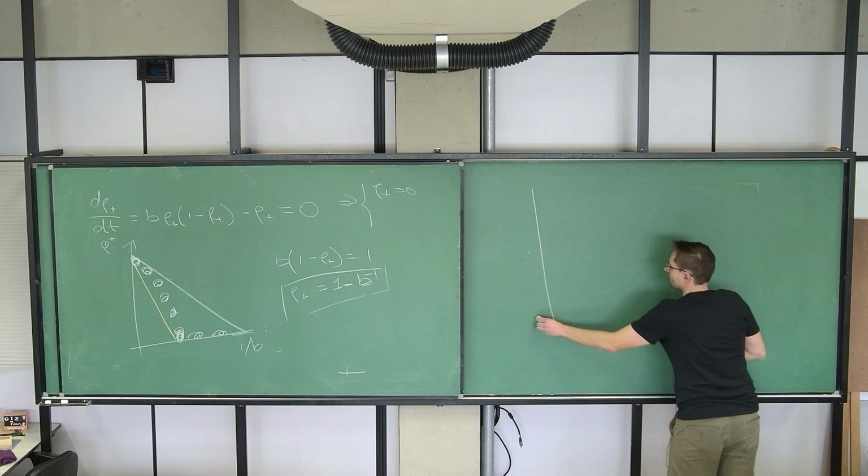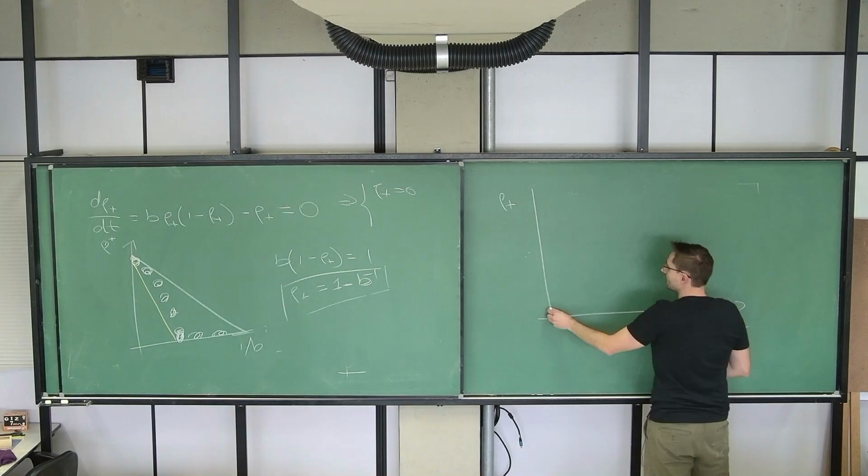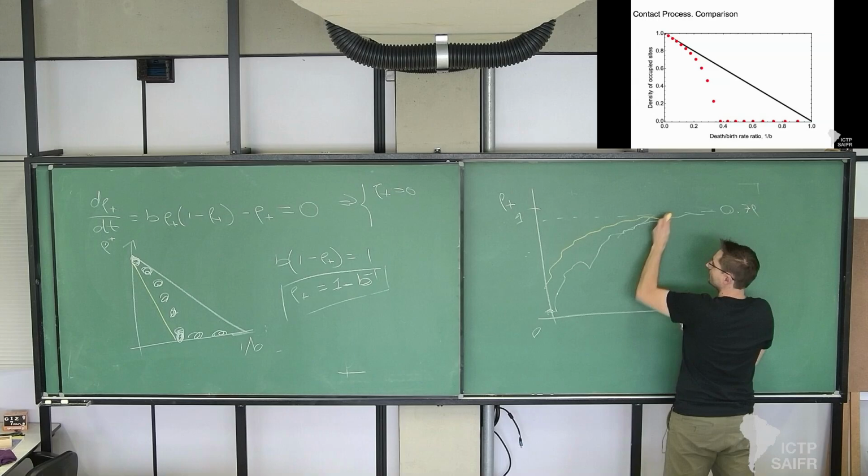This is basically the plot that we had before. For the numerical simulations, this is 1 and this is 0. Starting here, this is 0.79, or whatever value we had. What I was showing you is that for different initial densities, my curves all go to the same value.